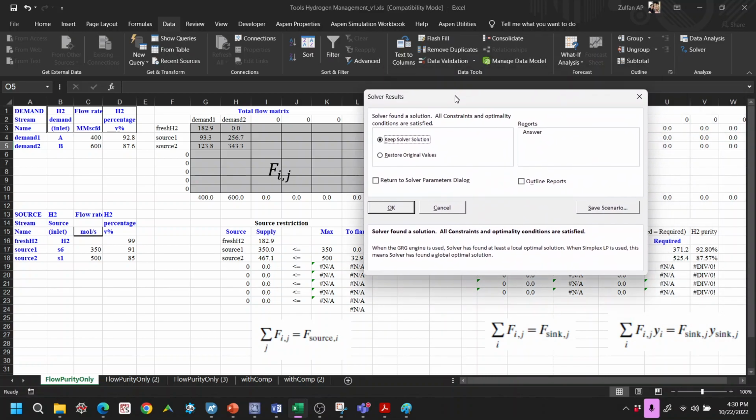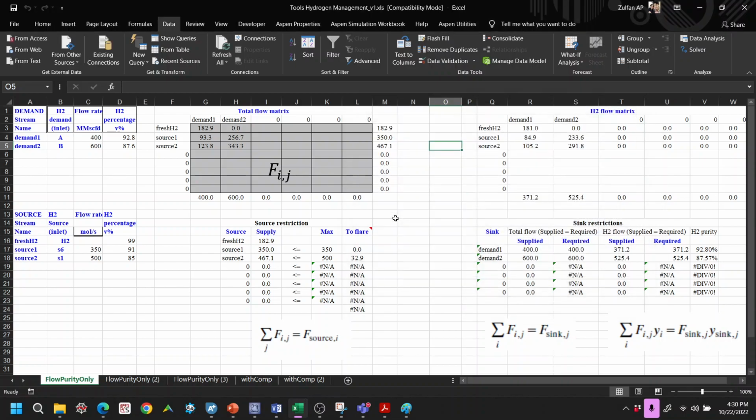And then we have the result here. In this case, the fresh hydrogen goes to demand 1, 182, and then source 1 goes to demand 1, which is the recycle. So 93 million scf recycled to demand 1, but then the 256 is the reuse to demand 2.